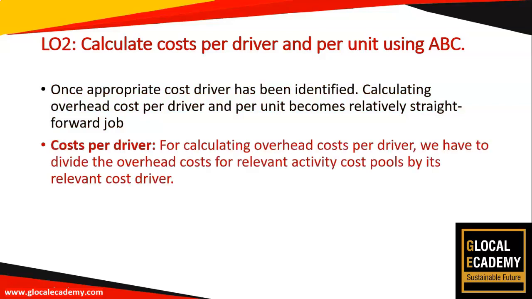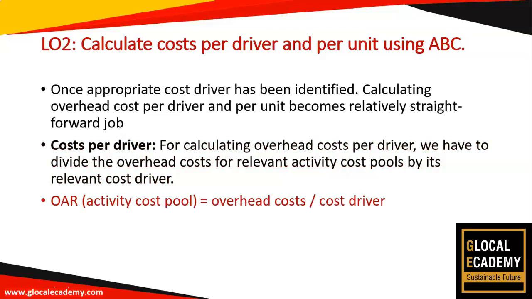Now, in order to calculate cost per driver, all you need to do is to divide the overhead cost for the relevant activity cost pool by its relevant cost driver. Yes, simple. Divide the overhead cost by the relevant driver to derive the cost of the particular activity per driver.